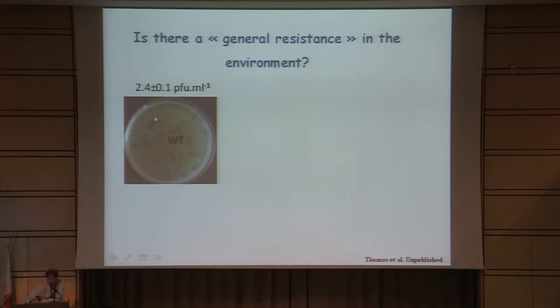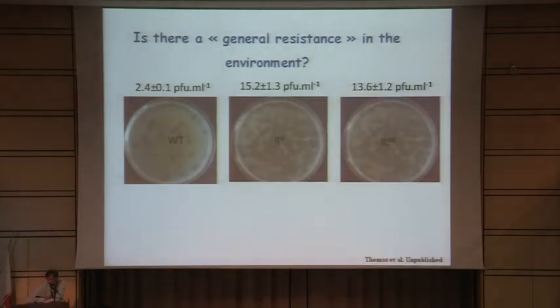But very surprisingly, and this was counterintuitive, and we did the experiment many times, when we plated the same seawater on resistant cells, both producers and non-producers, we got between 6 and 7 times more lysis plaques than on the wild type here.